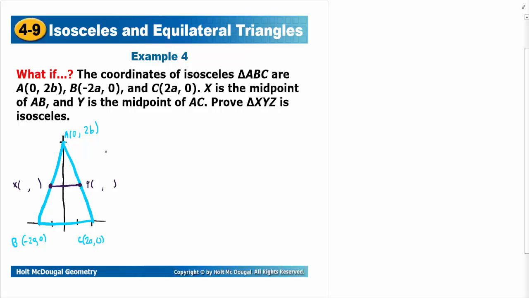If you read it, it says the coordinates of this triangle ABC are A, B, and C. So you see ABC. You see X is a midpoint of AB, so you don't see a Z there. You see Y is a midpoint of AC. You don't really see that there.